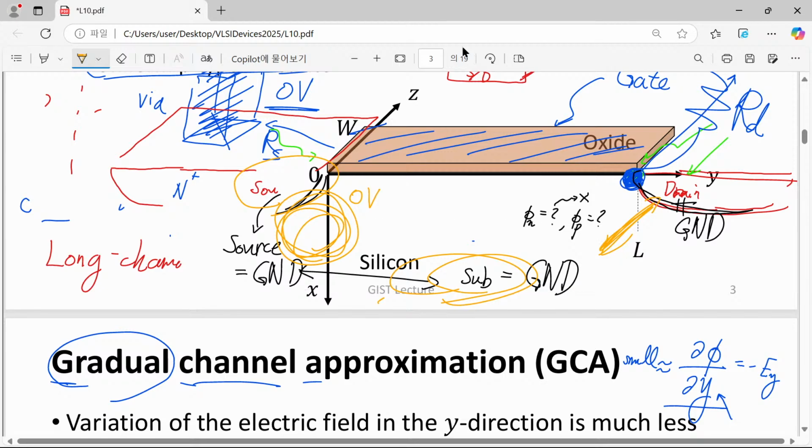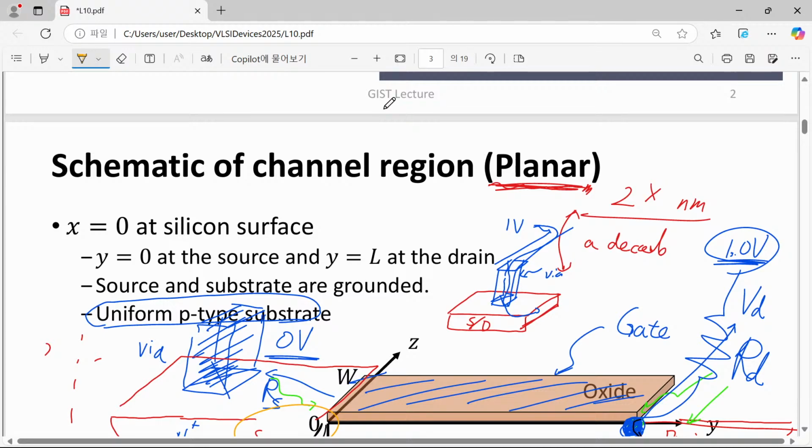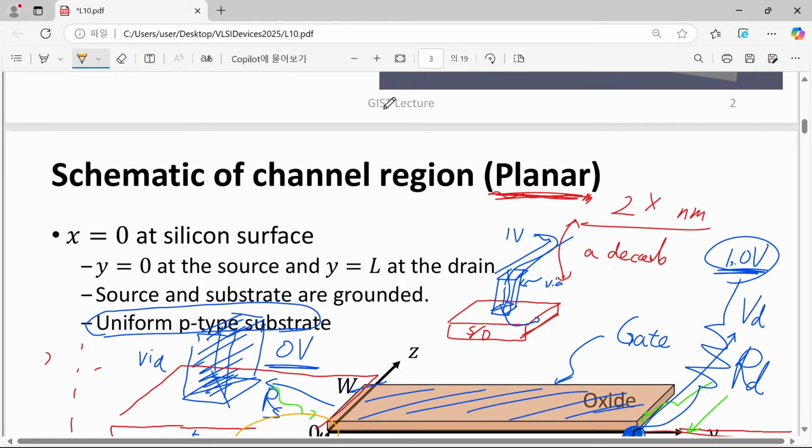So are you with me? Why are we talking about this quasi-Fermi potential again and again? It is because in our expressions, our electron density and hole density are exponentially dependent on the quasi-Fermi potentials. Therefore, the selection of the quasi-Fermi potential is extremely important.